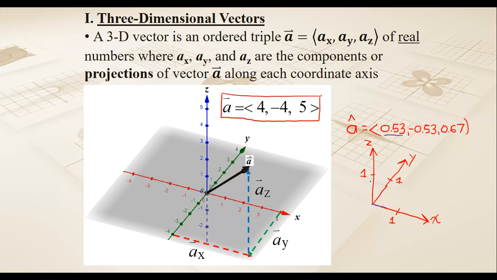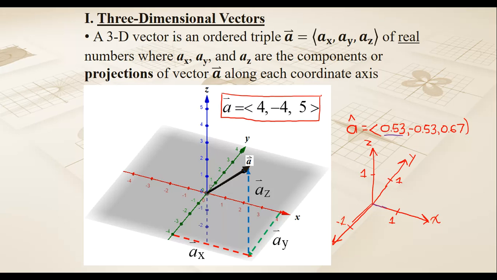And then in the Y direction, I would go by negative 0.53. So I have to extend it in the opposite direction to see this. So let's make this go down here. If that's 1, maybe negative 1 is right here.